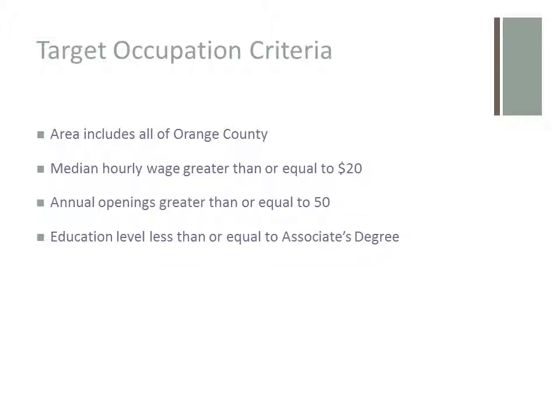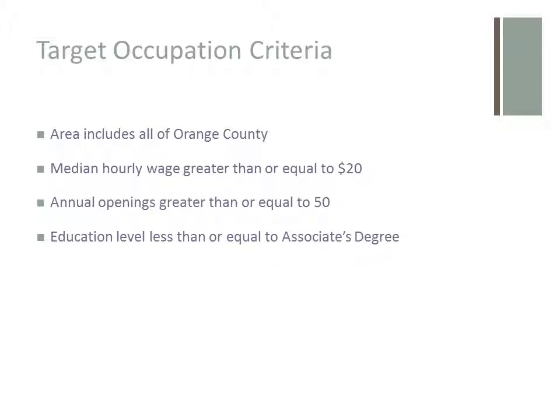So at the beginning of the project, we set out to determine the criteria for the target occupations. First off, we are including any occupation within Orange County. That was determined to be the area of interest. A wage of $20 an hour was selected as a threshold.